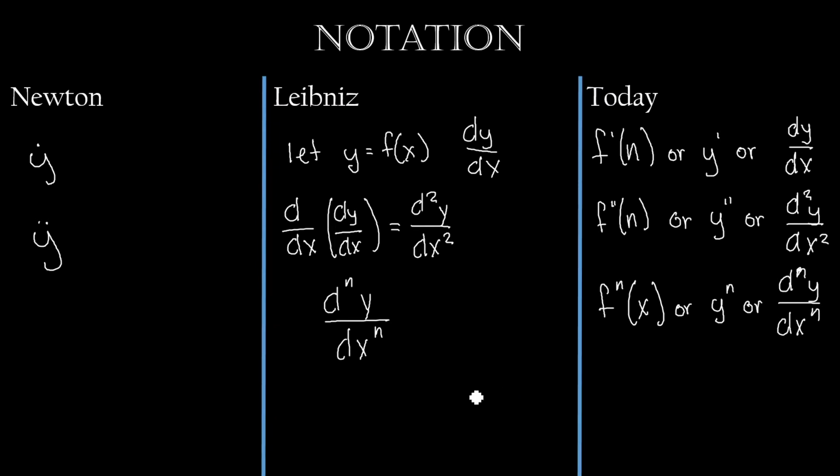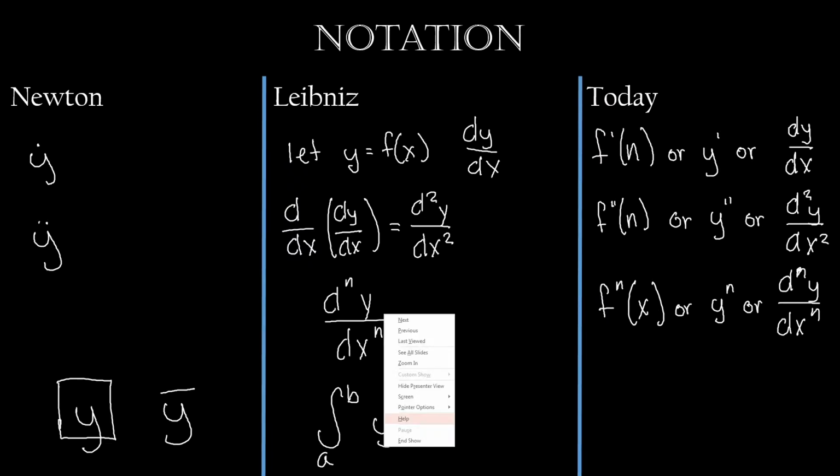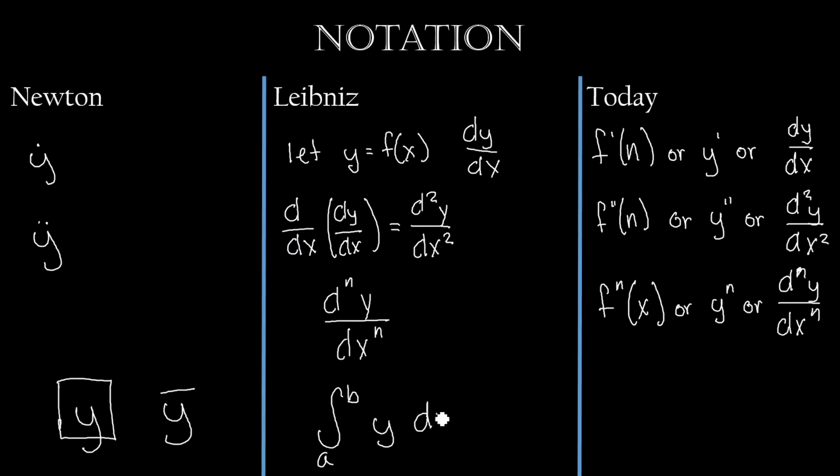Now for integration, Newton's notation was particularly unclear because sometimes it was a box and sometimes a line over the dependent variable. First of all, this wasn't clear and it didn't help define the parameters of the integral. Now in Leibniz's notation, you have the limits of the integral a and b, and you have the variable that's being integrated over.